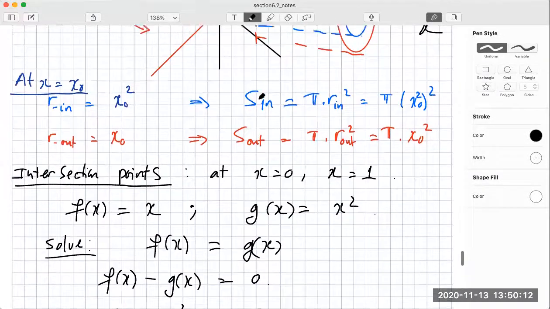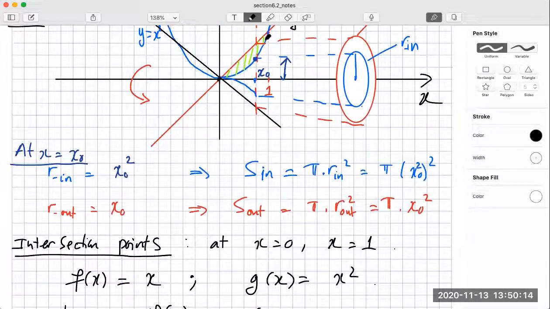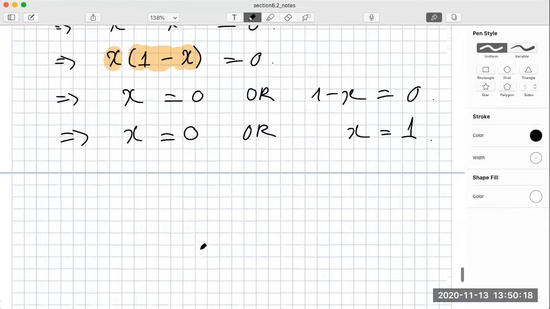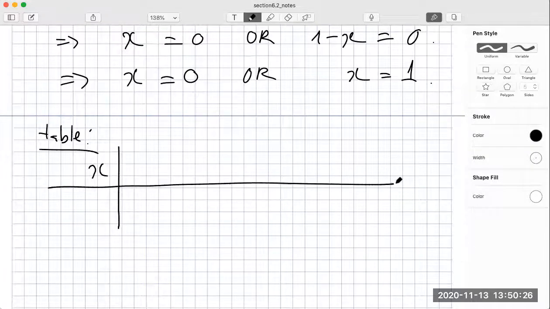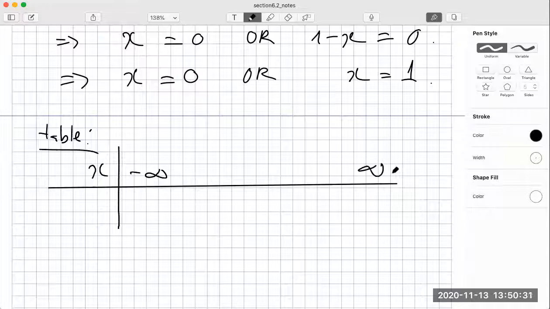Here, these are the intersections according to the graph, okay? Now, if we make a table, we study how x and f of x change from negative infinity to infinity. And there are two solutions of f and g, right?